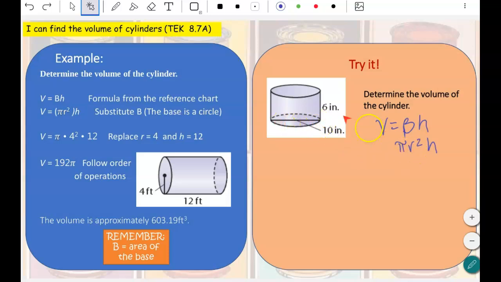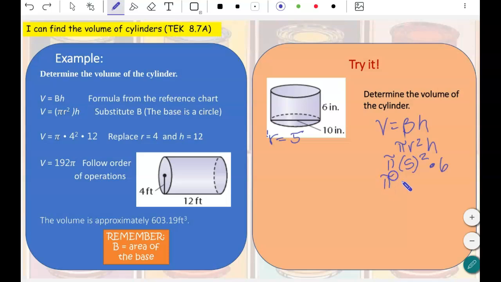You have to have the radius. Radius is half the diameter, so the radius would be 5. We're going to leave the pi sign there, square the 5, and multiply it by the height of 6.